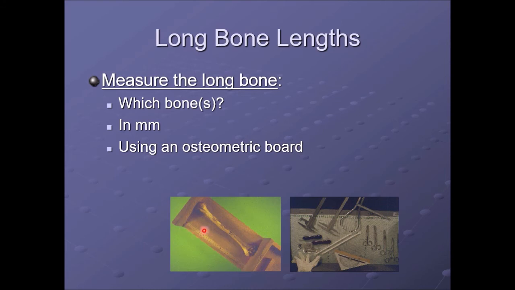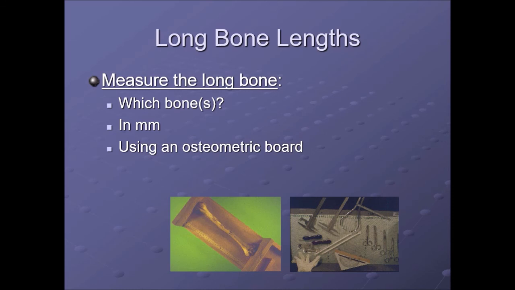Now, if you take Anthro 119, that is the forensics lab, we'll use some of these and do some of these osteometric estimations of how tall the individual who used to own that bone was. Now, you'll notice this here, this is not a femur, is it? That is a humerus. That's an upper arm bone.